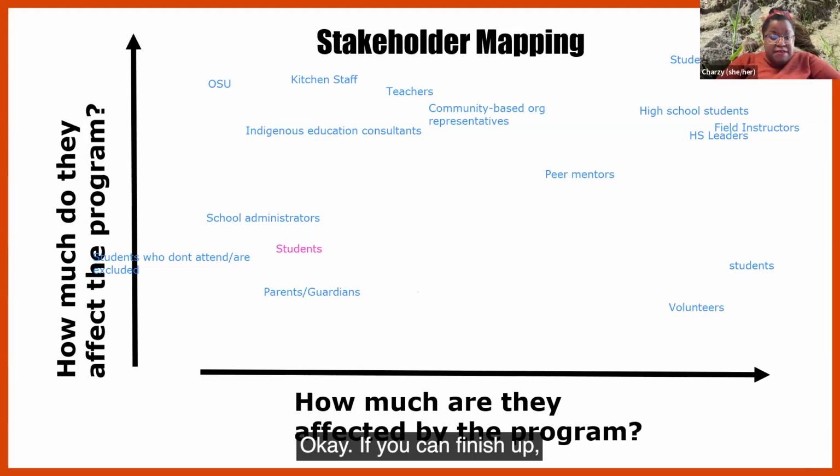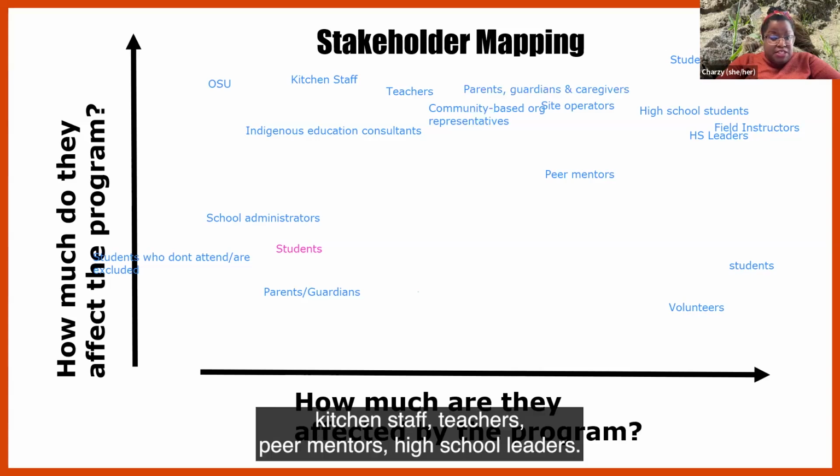Okay, if you can wrap up what you are writing down, and we can see, if you just look at the visual of this graph, I see folks have students, kitchen staff, teachers, peer mentors, high school leaders.